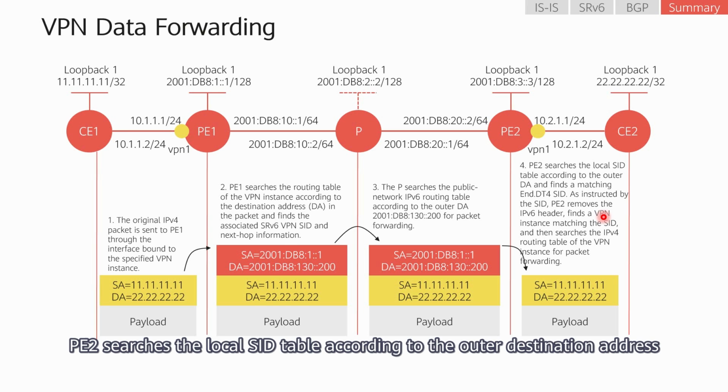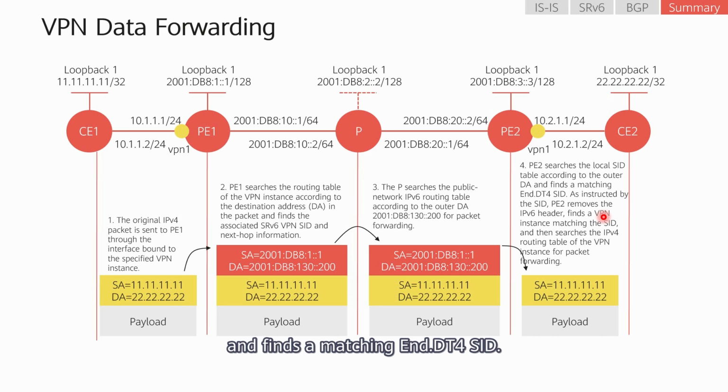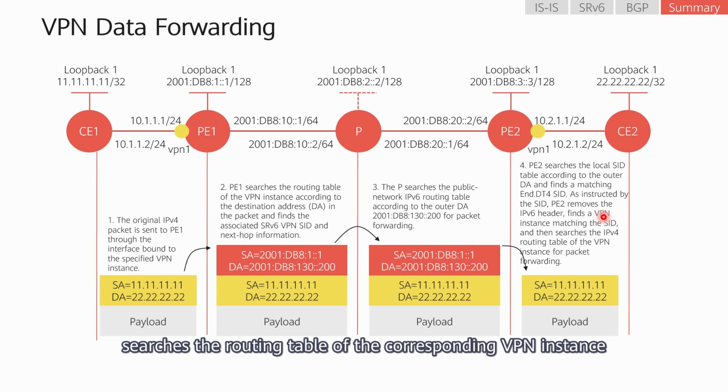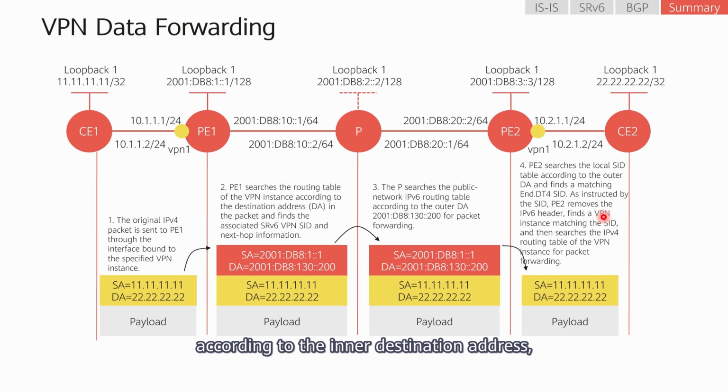P2 searches the local SID table according to the outer destination address and finds a matching End.DT4 SID. Then, P2 performs operations as instructed by the SID. Specifically, P2 decapsulates the packet, removes the IPv6 header, searches the routing table of the corresponding VPN instance according to the inner destination address, and forwards the packet to CE2.